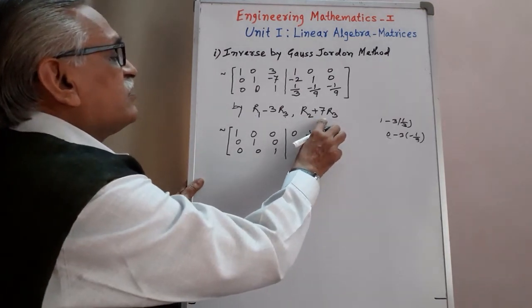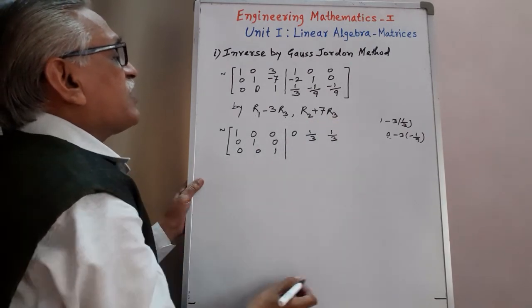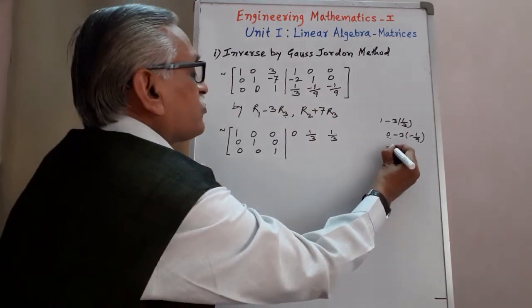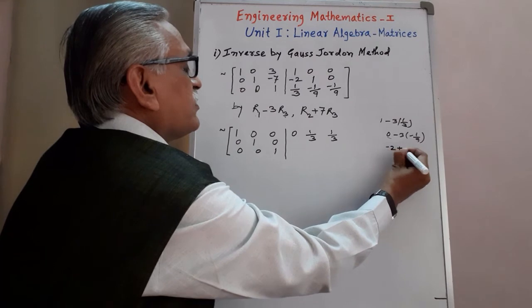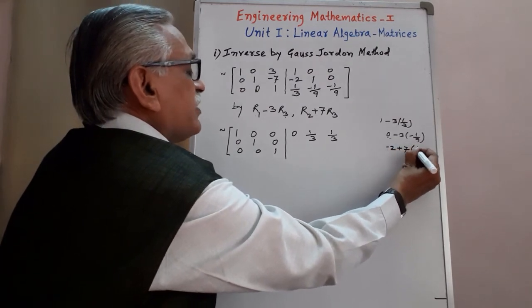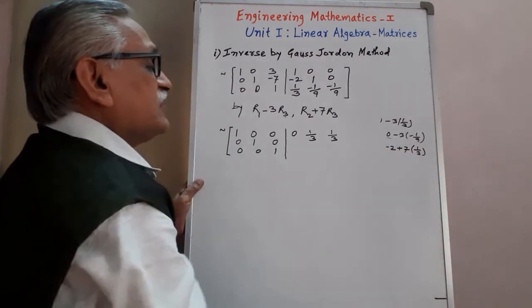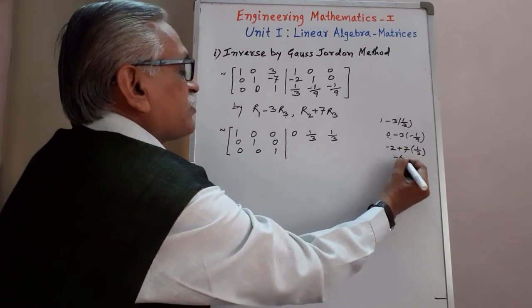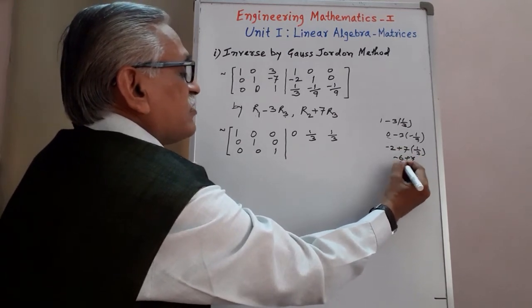Applying the second one, R2 plus 7 times R3: minus 2 plus 7 times 1 by 3, 3 to the 6, minus 6 plus 7 by 3.